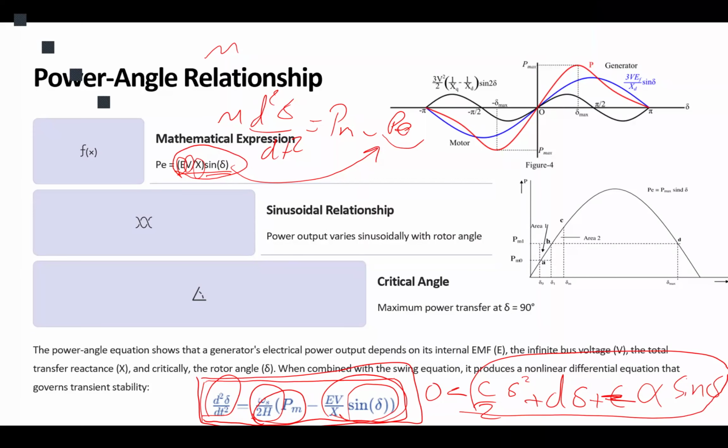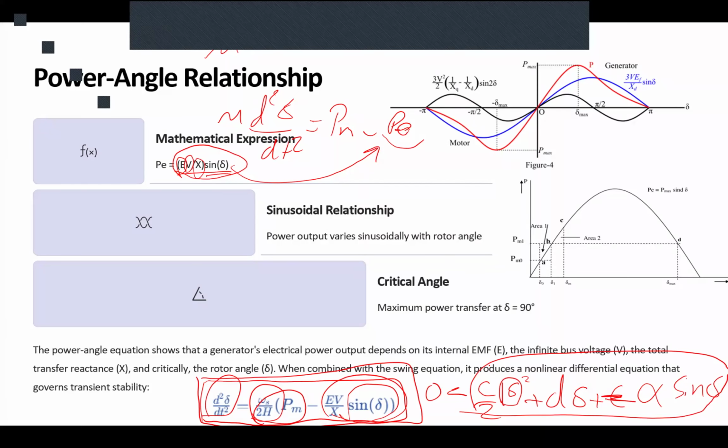Clearly not linear. Okay, so that being said, we cannot solve with the previous methods or linear method. We have to come up with some values. What we're looking for is the amount of delta that guarantees the swing would stabilize.